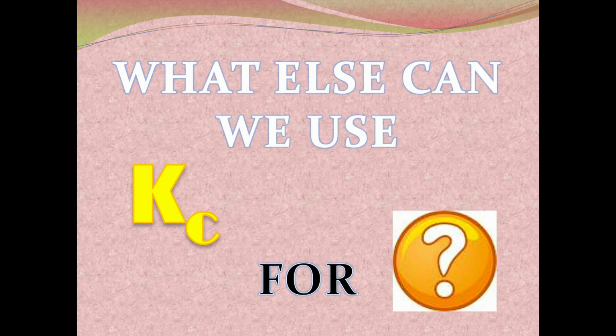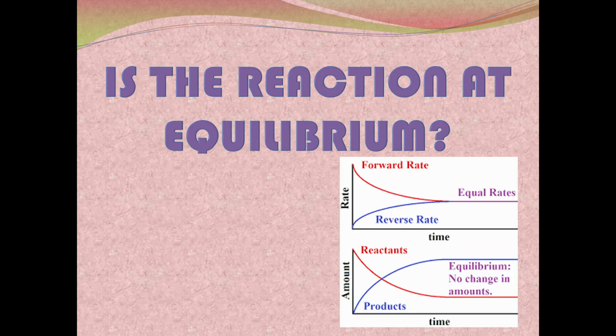But what else do we use K sub C for? One thing we could do is use it to determine whether or not a reaction is at equilibrium. At equilibrium, we have a K value. How do we know if we're not at equilibrium? Well, if we're not at equilibrium, K is a constant and it's set. We know what K should be for every reaction.